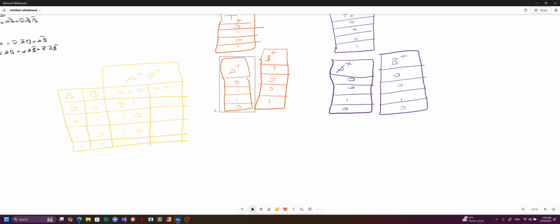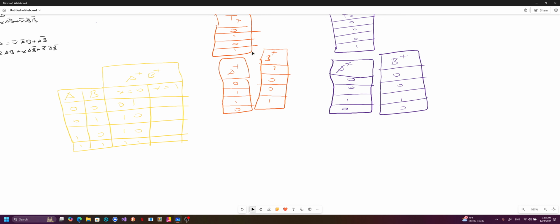I know my drawing is a little bad because I'm not used to this pad. And here, when x is equal to 1, the first values are 0, 0.